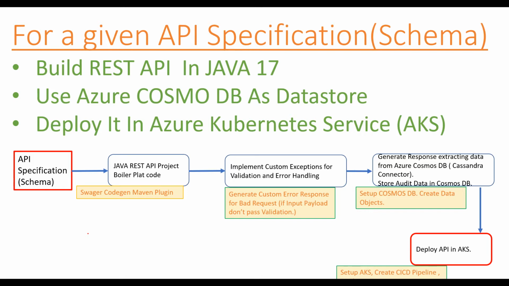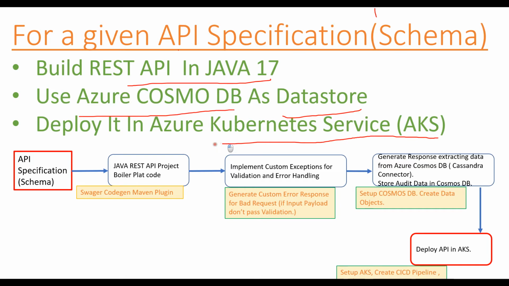Let's assume we have received an API specification, and now we need to build a REST API using Java 17. Our data store for our API is CosmosDB, and once our API is ready, we need to deploy it into Azure Kubernetes Service.